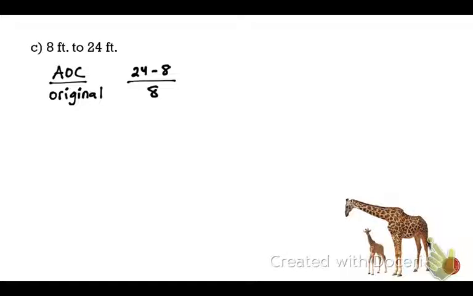All right. Luke, help me out. What do I do next? You subtract the 8 and 24. Okay, what do you get? You get 16 over 8, and then you divide that, and you get 2.